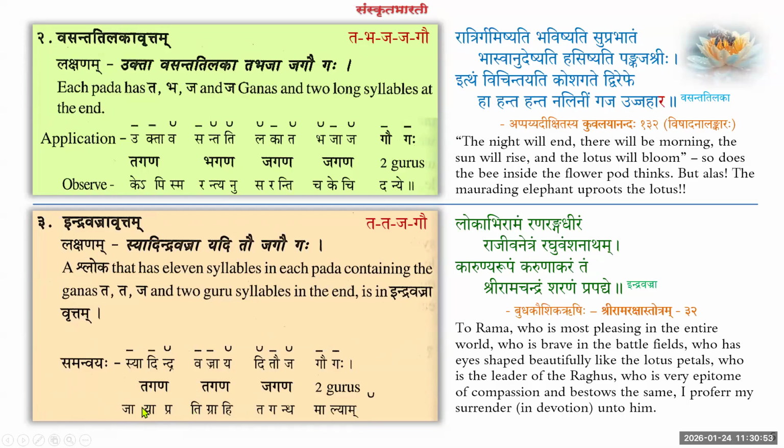Anyway, it's a simple recollection of what we have already studied, but don't get confused. It's interesting that it was in Indravajra. So now we know to connect the fact. That verse, which sounded so beautiful over there, was in Indravajra. That's the important thing.